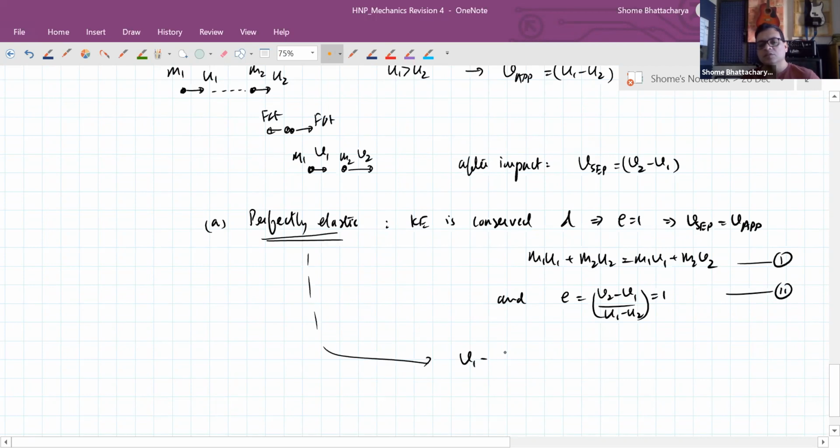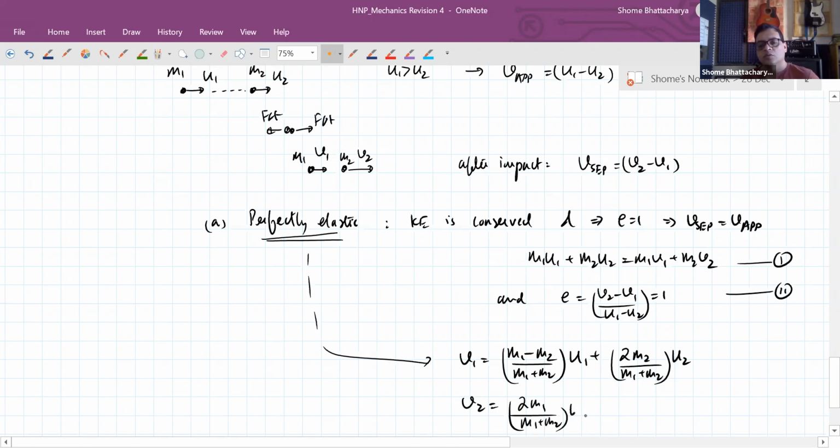that v1 is equal to, you should know this formula, m1 minus m2 upon m1 plus m2 times u1, plus 2m2 upon m1 plus m2 times u2, and v2 is equal to 2m1 upon m1 plus m2 times u1, plus m2 minus m1 upon m1 plus m2 times u2.